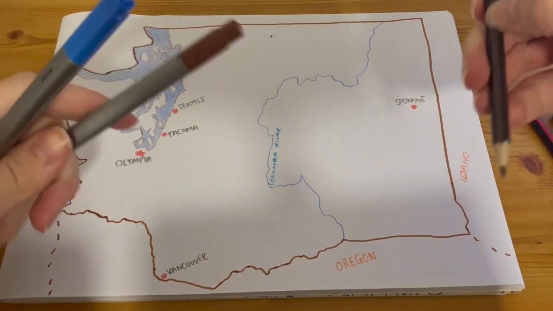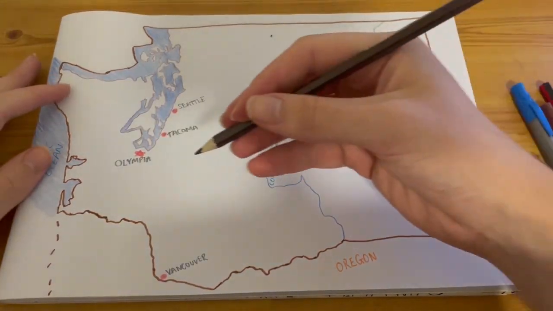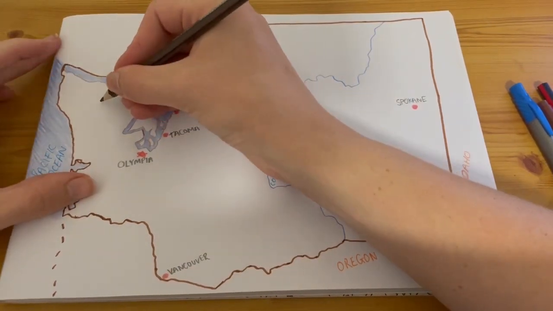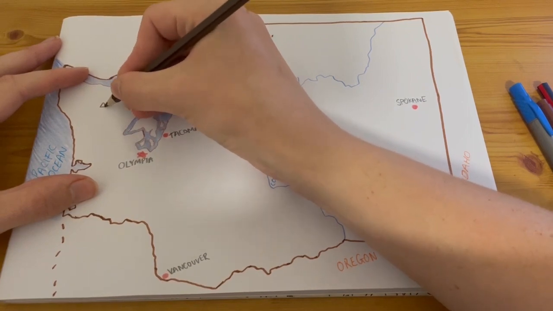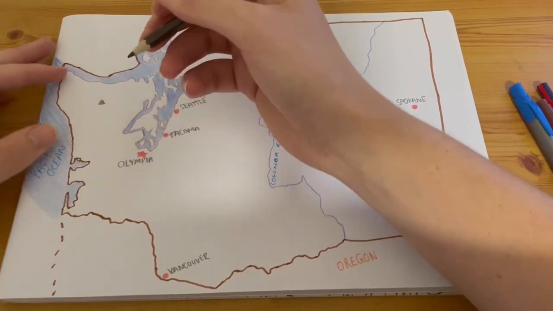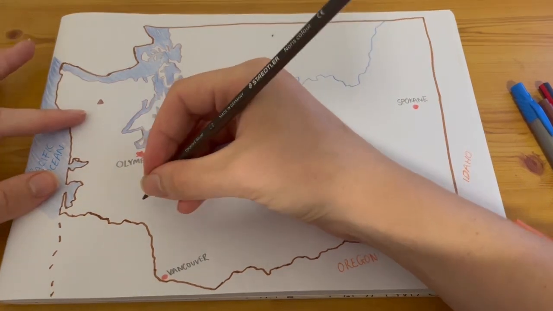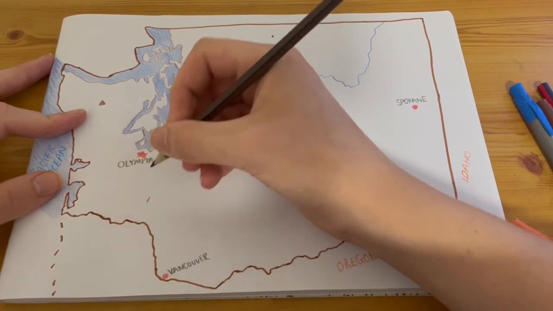Right, what we're going to do is we're going to do some mountains because we have a lot of mountains. So I'm just going to do my little triangles first, and then I will write the names. Oh, actually, forget that.